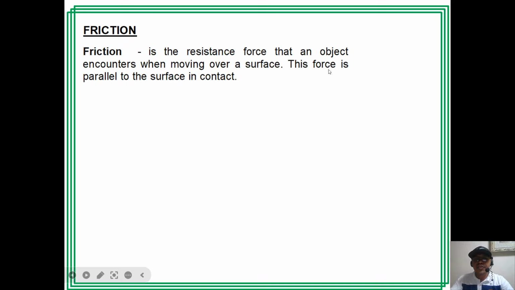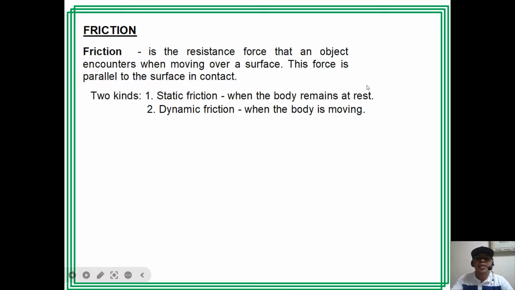This friction force is parallel to the surface in contact, and it is opposite in direction to the motion or the possible motion of the body. So we have two kinds of friction. One is static friction, when the body remains at rest, and then we have dynamic friction when the body is moving.